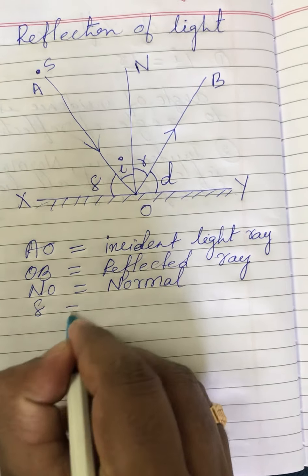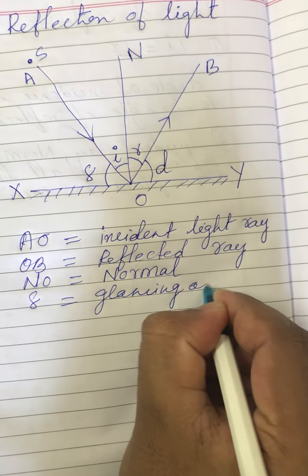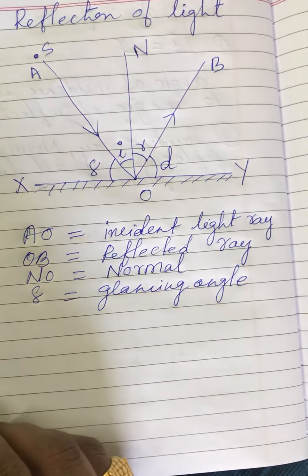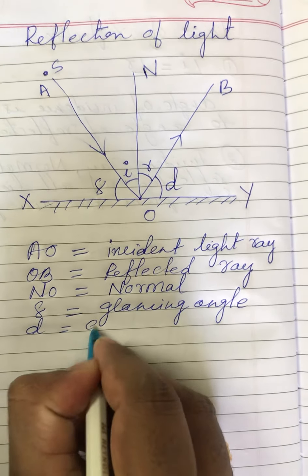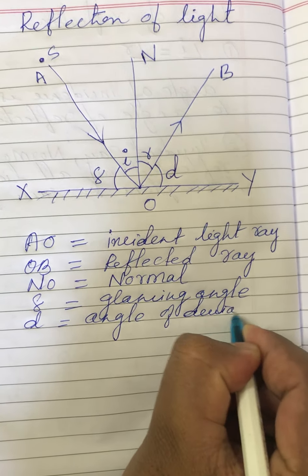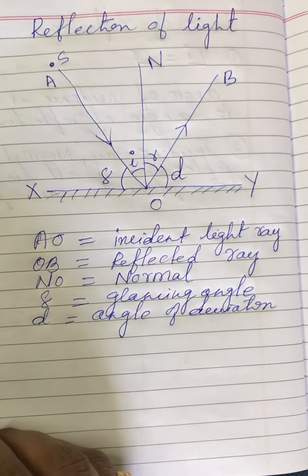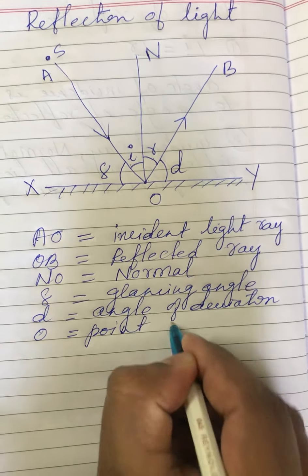So gamma is glancing angle, angle between the surface and the incident light ray. D is called angle of deviation. O is called point of incidence.